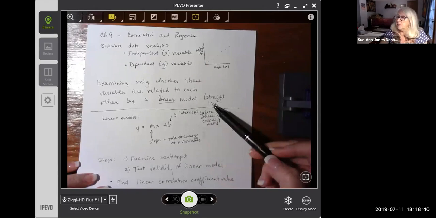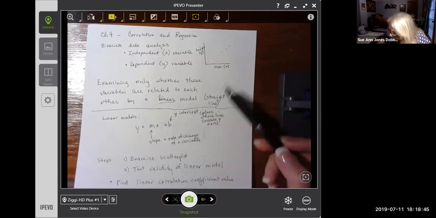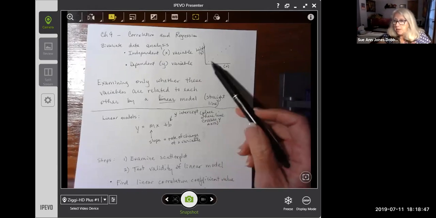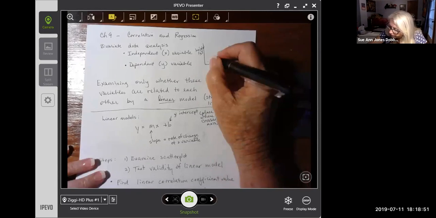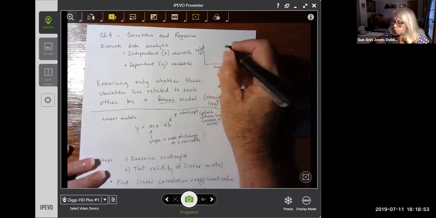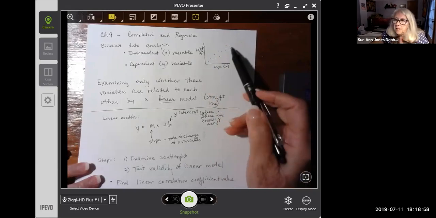Now, because this is real data, we don't actually expect to get a perfectly straight line, right? Like I've shown here. Instead, we expect to have data points that are kind of scattered around an obviously upward moving tendency here.